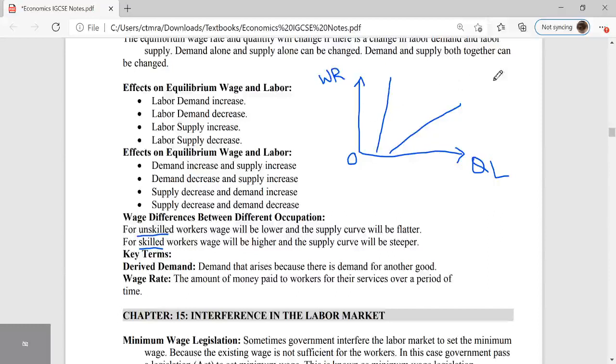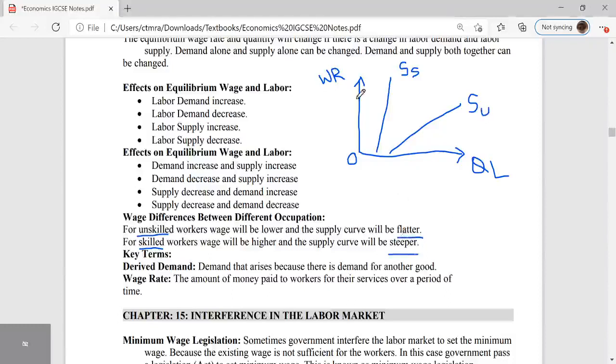Both of them are supply of labor, but this is more elastic, so more responsive. This is supply of unskilled labor, and this is supply of skilled labor. The supply of unskilled labor is a bit flatter, and skilled labor is a bit steeper.